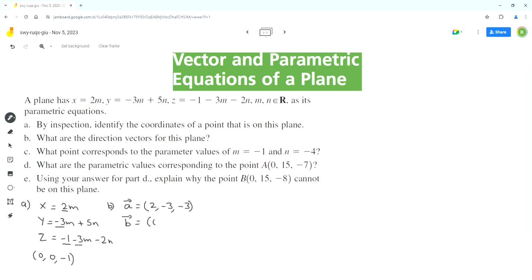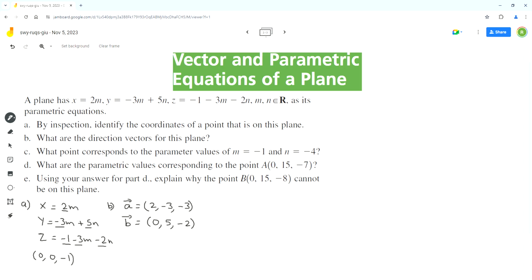So the coefficient of the n term in the x equation is 0. In the y equation, the coefficient of the n term is 5. So the y component of the other direction vector is 5. And in the z equation, the coefficient of the n term is negative 2. So the z component of the other direction vector is negative 2. So these are the two direction vectors for this plane.